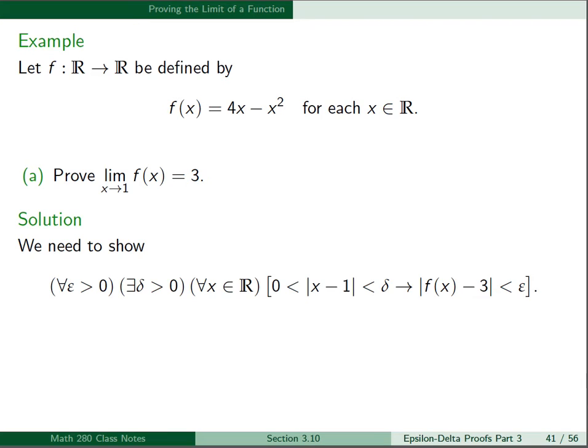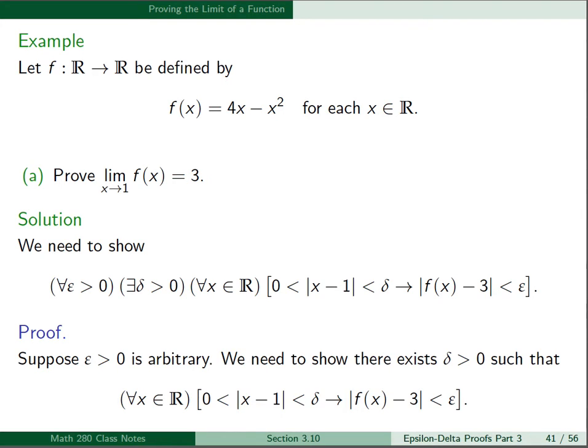To prove this, we need to show for all epsilon greater than 0, there exists a delta greater than 0, such that for all x in R, 0 less than |x - 1| less than delta implies |f(x) - 3| is less than epsilon. So we'll suppose epsilon greater than 0 is arbitrary, and we need to show there exists a delta greater than 0 such that the condition is satisfied.